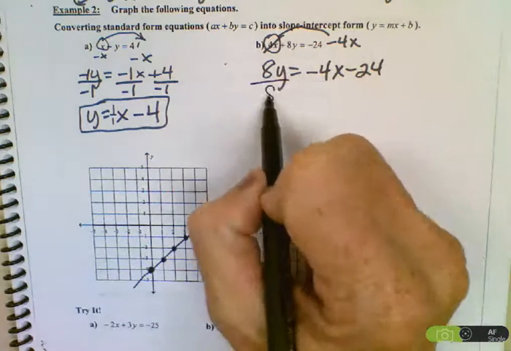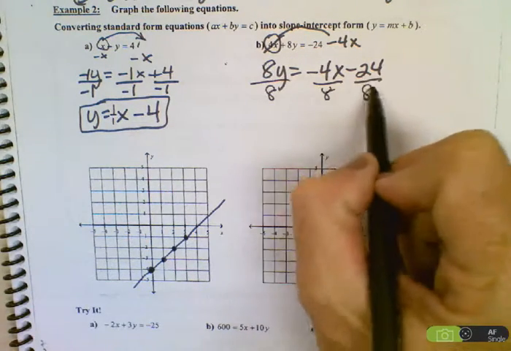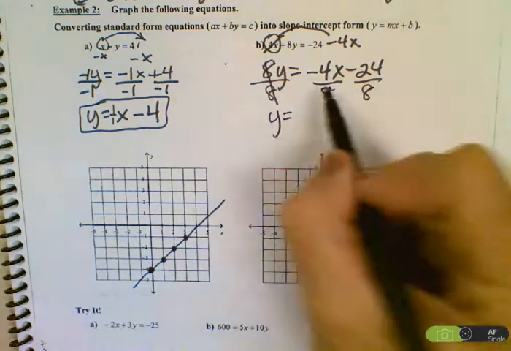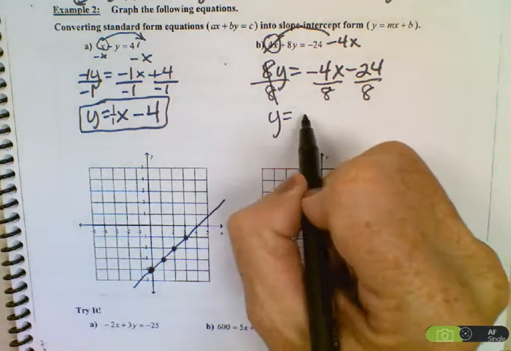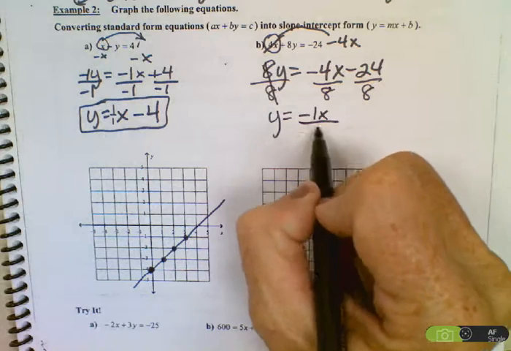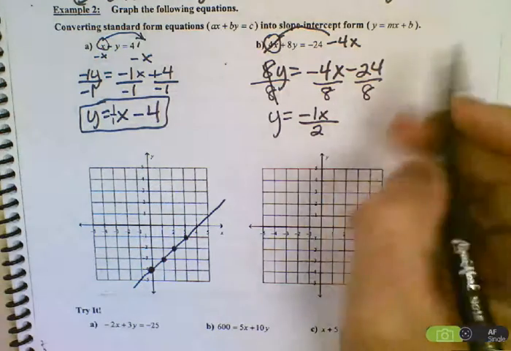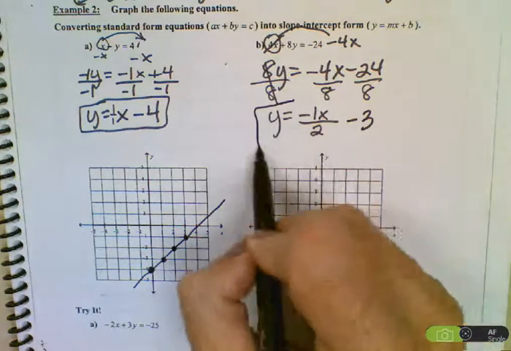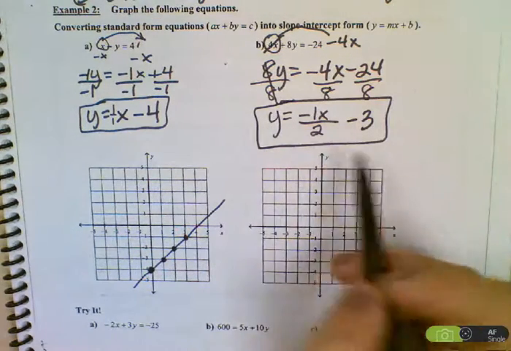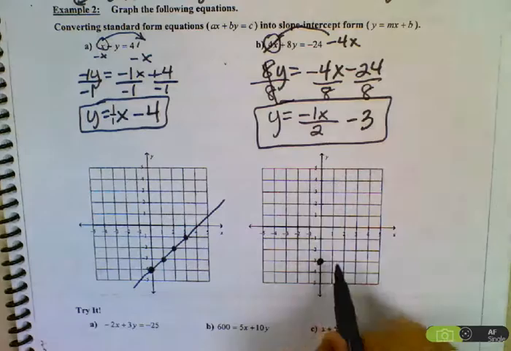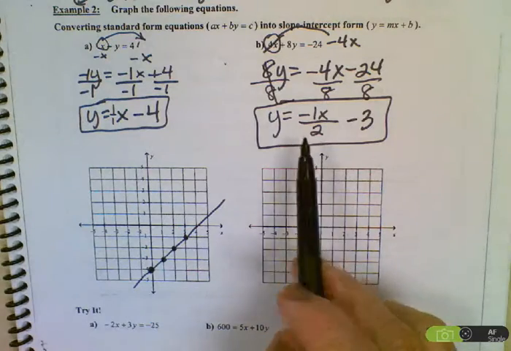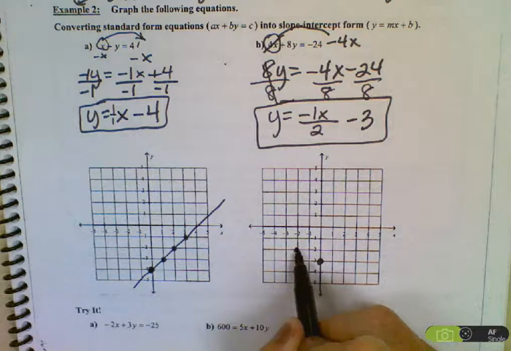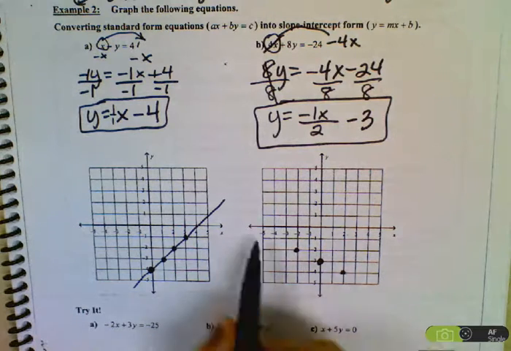And now I have to divide by the number in front of the y, which is 8 in this case. -4 over 8 reduces to -1x over 2. And -24 divided by 8 is -3. So that's my equation. When I graph that, I begin at -3. And I know because this slope is negative, it's going to go downhill instead of uphill. So I'm going to go up 1 and over 2, or I could go down 1 and over 2.